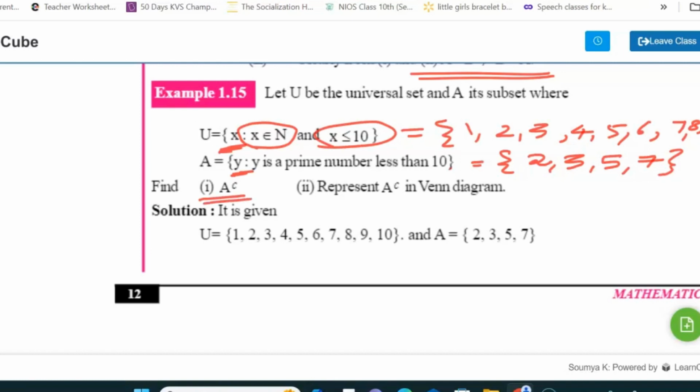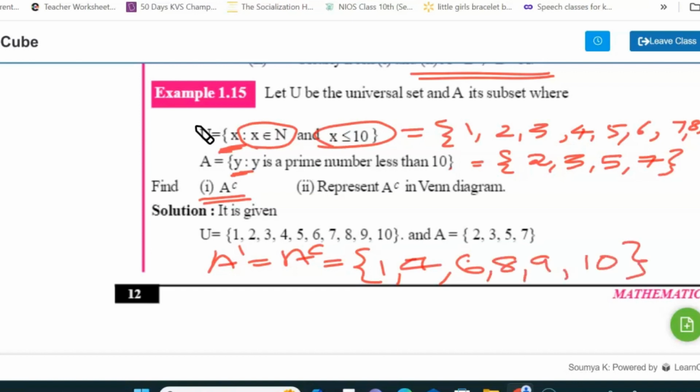You have to find A complement. So everything other than this set will be included in the complement. So if you need A complement, or A C, the output will be 1, 2 not included, 3 not included, 4, 5 not included, then 6, 8, 9 and 10.